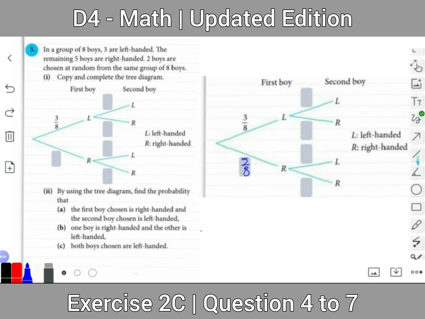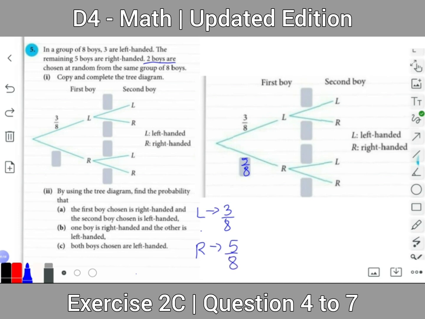Now for the second boy, it is given in the question that 2 boys are chosen at random from the same group of 8 boys. So here we have 3 over 8 for left-handed and 5 over 8 for right-handed.